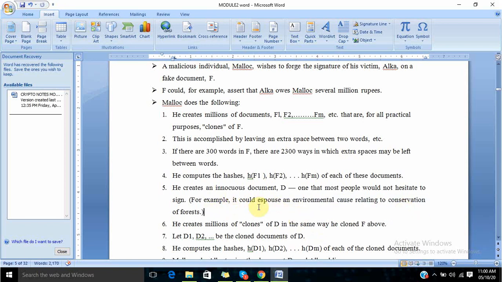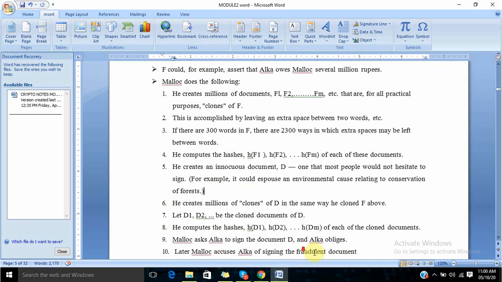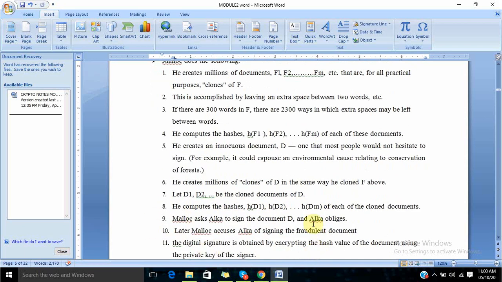So he creates that document, then, like what he has done with F, he is going to clone this document, and then he will compute the hash of these cloned documents. After that he will tell Alka to sign on this document and Alka will agree to it. Later on Malloc will say that Alka has signed the fraudulent document. How will he say that?